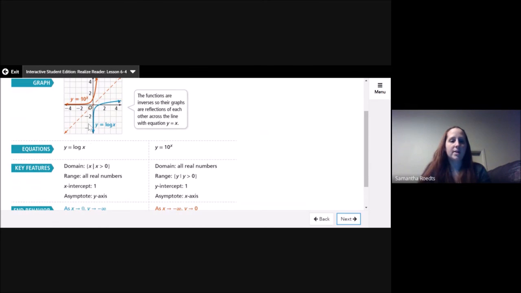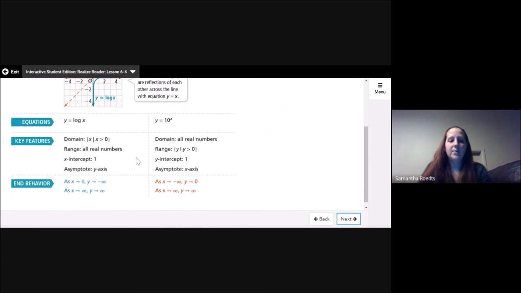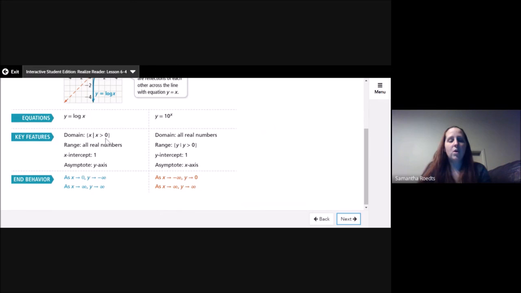Log of x is the blue, 10 to the x power is the red. The domain for logarithmics is x greater than 0. Remember that you cannot put in a negative number for a logarithm. It doesn't work. My range is all real numbers. My x-intercept is at 1, and my asymptote is at the y-axis.